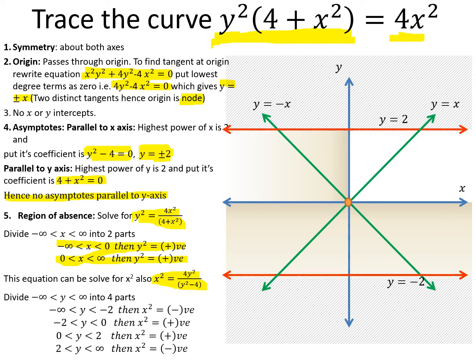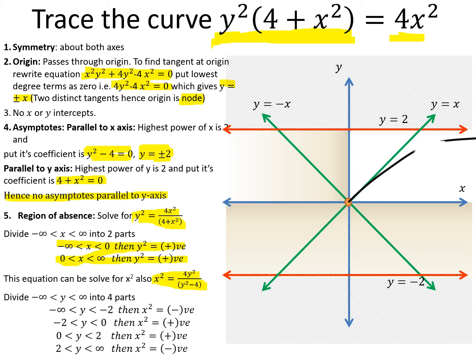Okay, so all these rules we have just put on the XOY plane. Now we have to draw. So we start drawing our curve at tangent and at asymptote. So at 0 0, y equal to x and y is equal to minus x, we are having tangent. So curve will be like this here, and y equal to 2 is your asymptote. So curve will be parallel to the red line and touch the green line.